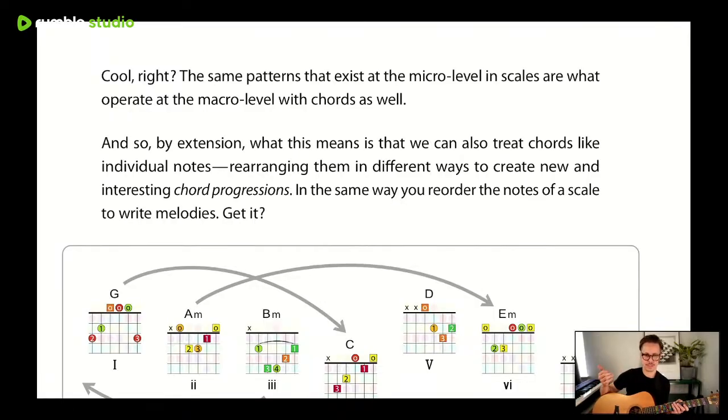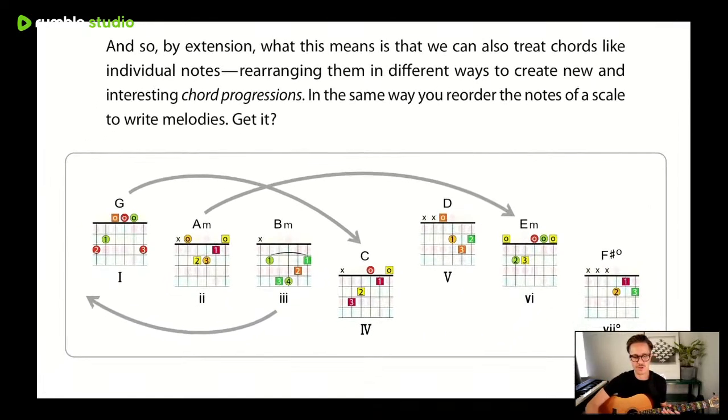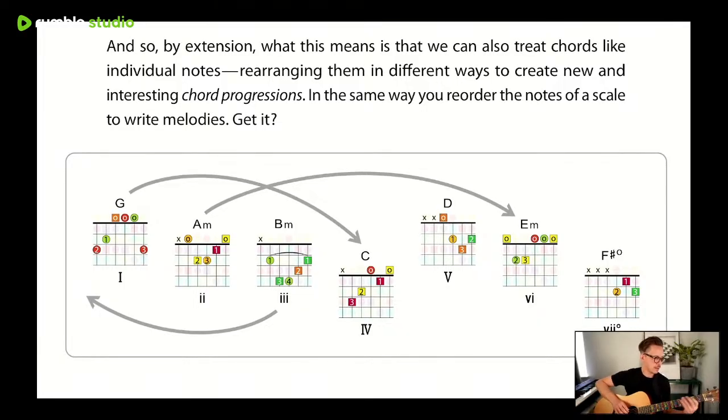And so by extension, what this means is that we can also treat chords like individual notes, rearranging them in different ways to create new and interesting chord progressions in the same way that you reorder the notes of a scale to write melodies. So we could take those notes of a melody and just kind of pick out a sub pattern or rearrange those notes in different ways.